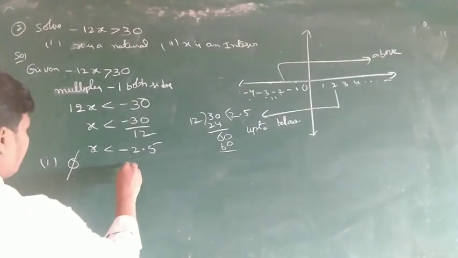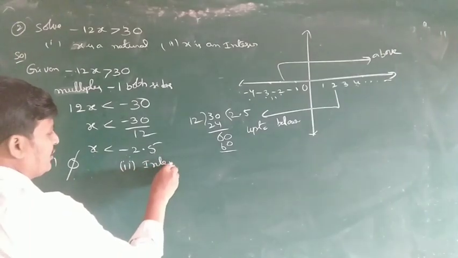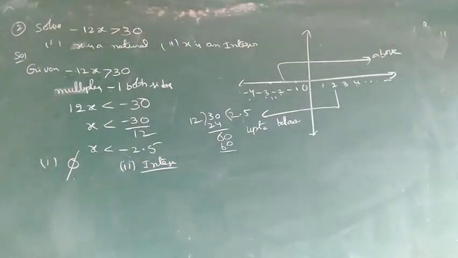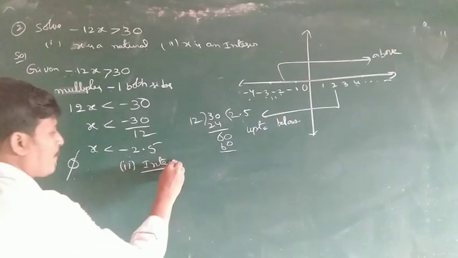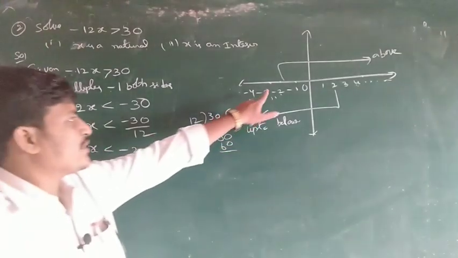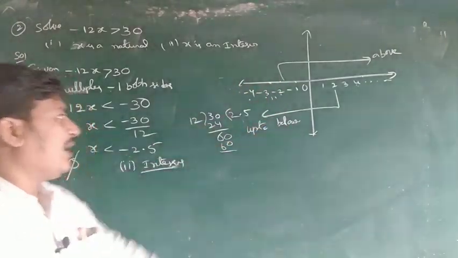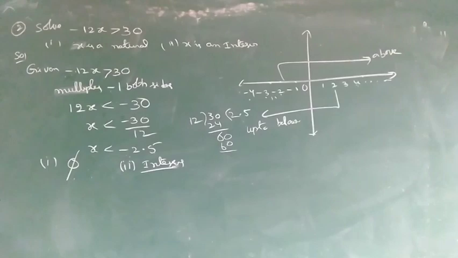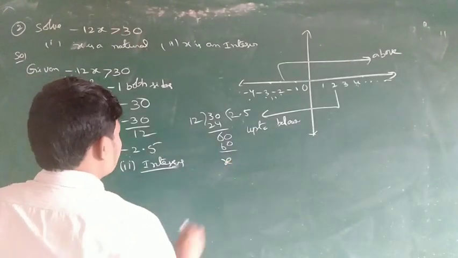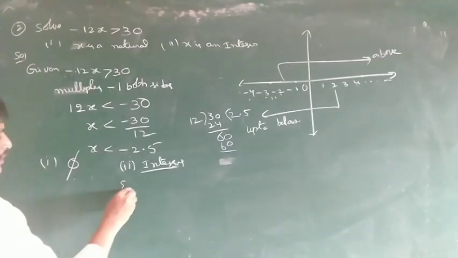So the second one: integers. X is an integer, x less than minus 2.5. Minus 2.5 is not an integer, minus 3 is an integer. Below minus 2.5 means going to the left: minus 3, minus 4, minus 5, and so on.